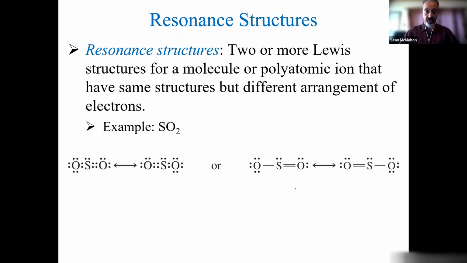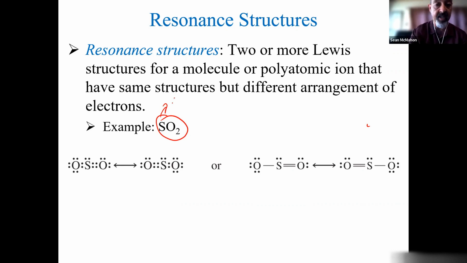So for SO2, now I kind of jumped straight to the Lewis dot structure. I'd like to actually draw the Lewis dot structure for you. So let's first do that. If we have sulfur, I need to figure out first the total valence electrons.